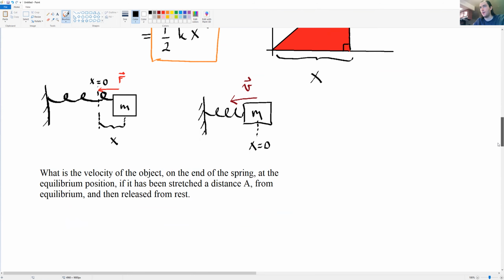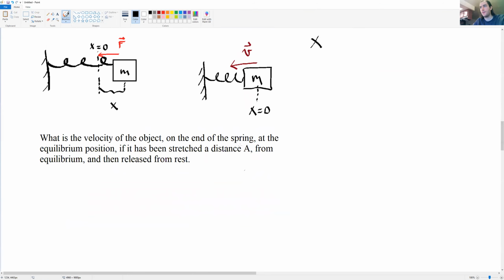Okay, and I want to point something out. I've said that the spring is stretched a distance a, so that means that the maximum stretching in the spring is a.